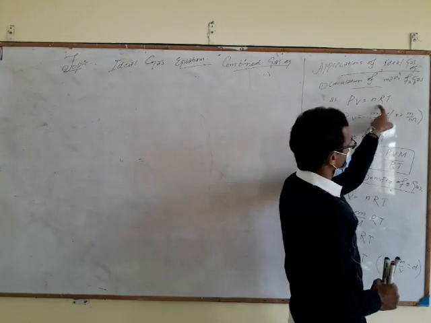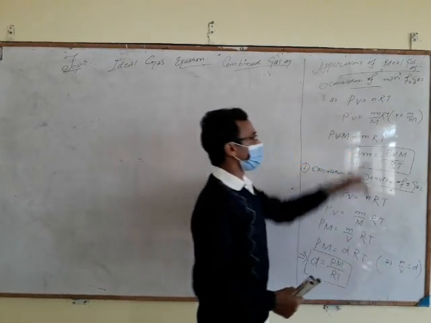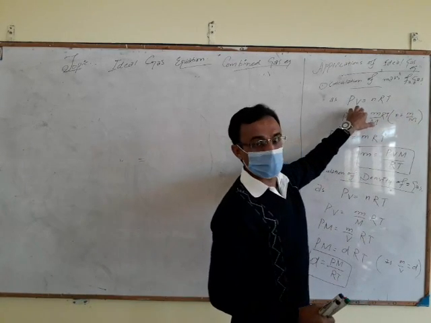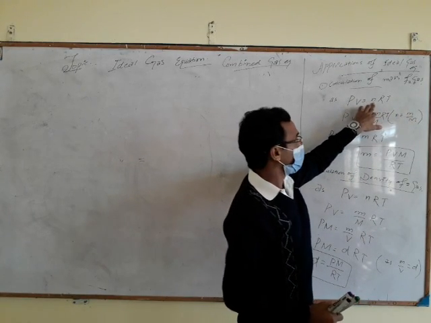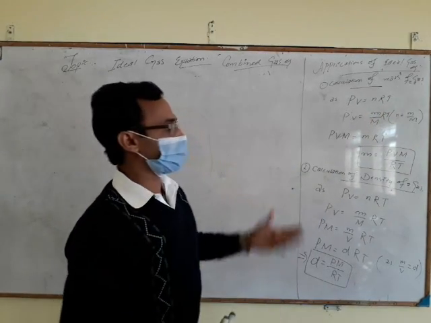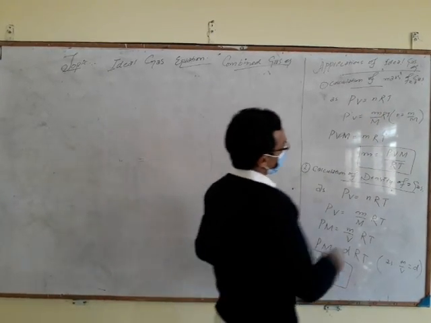We have this equation, the ideal gas equation, PV is equal to nRT. P is the pressure of the gas, V the volume of the gas, n the number of moles of the gas, T the temperature of the gas, and R is the universal gas constant or ideal gas constant.